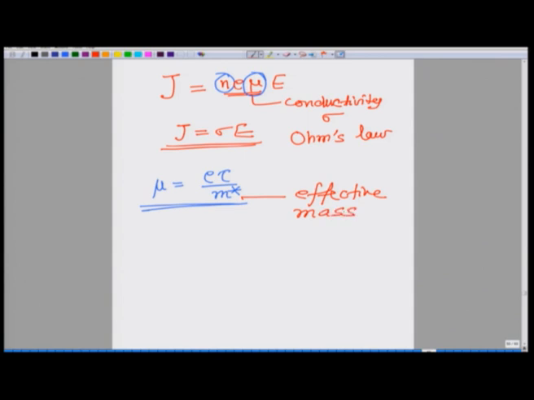And very interestingly, if you look at the numbers for silicon, and if you are considering conductivity, this effective mass of electron, m_e star, is something like 0.26 m_0, where m_0 is the electron mass.